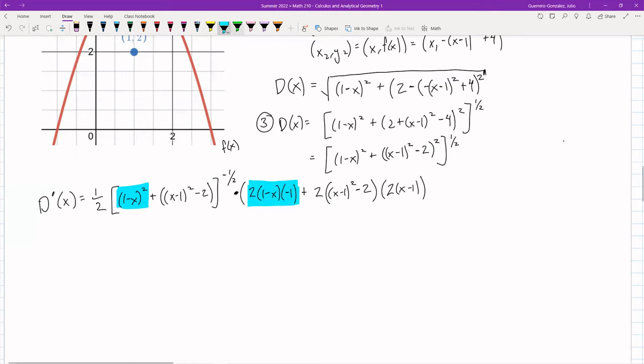Plus the derivative of this. And I forgot to square something here. There we go. The derivative of this thing in the pink is another chain rule. So I get to drop this down, leaving the inside by itself, times the derivative of the inside. So it's going to be 2 drops times x minus 1 times 1. So this is the derivative of that second portion of the inside.